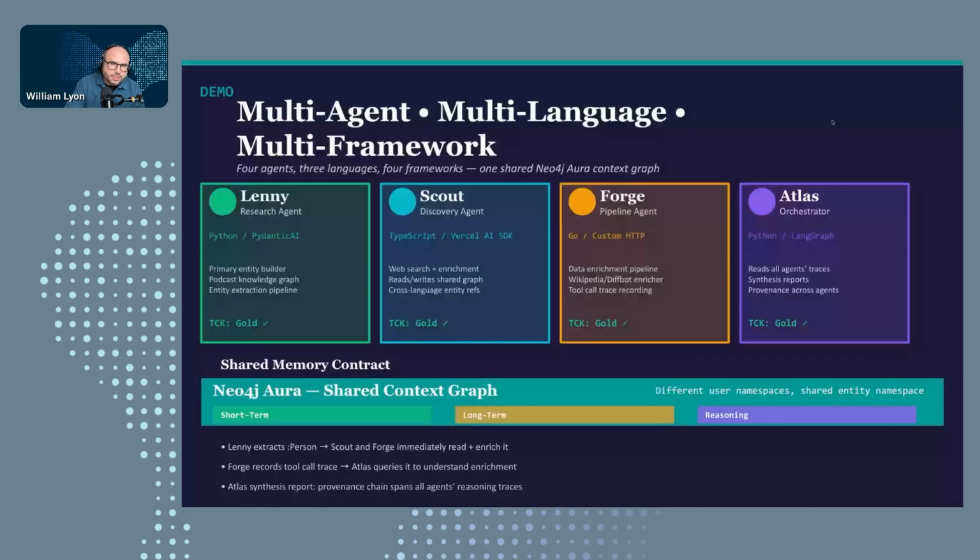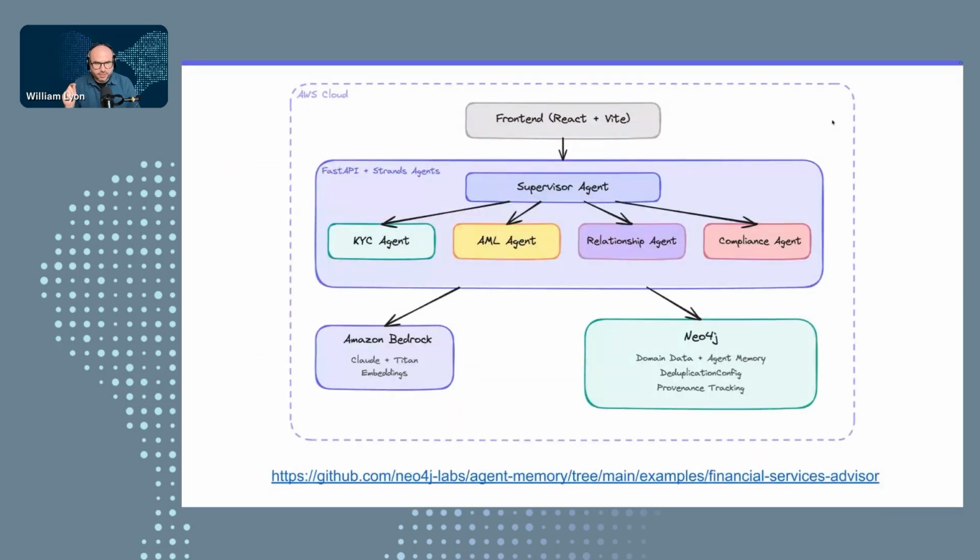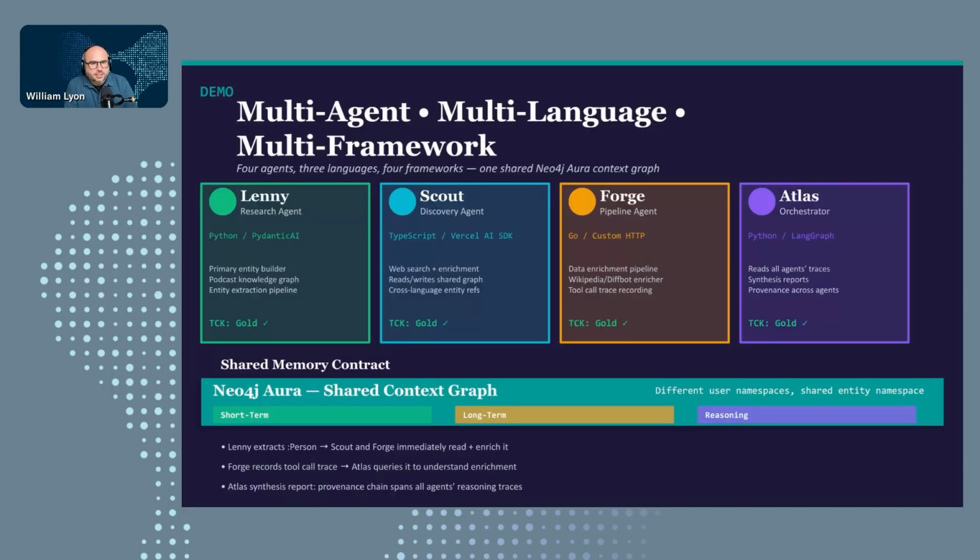Now, this example makes sense to us, since these are all written using the same agent framework, the same Neo4j agent memory integration for Strands. But what if we had a system with many different agents implemented in many different languages or different frameworks?